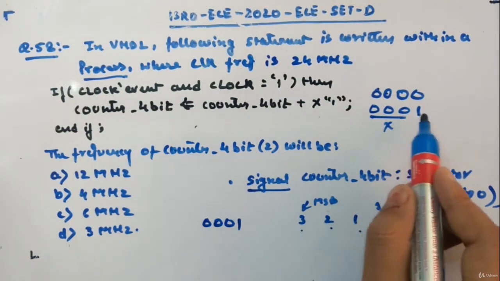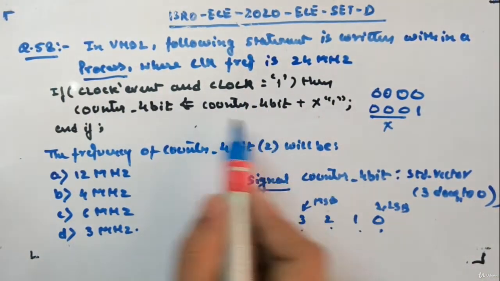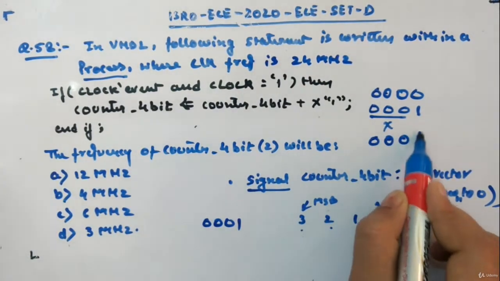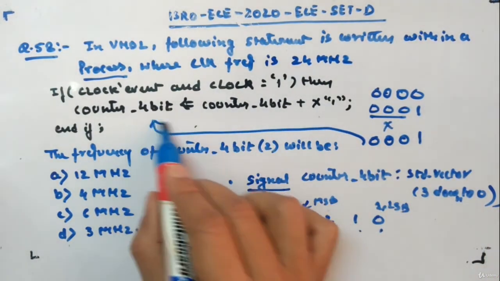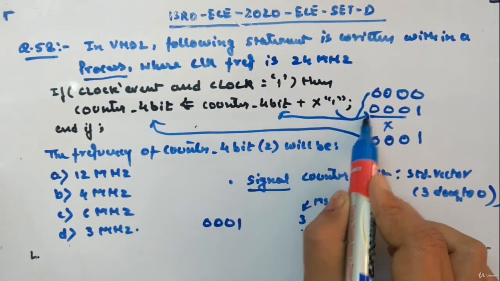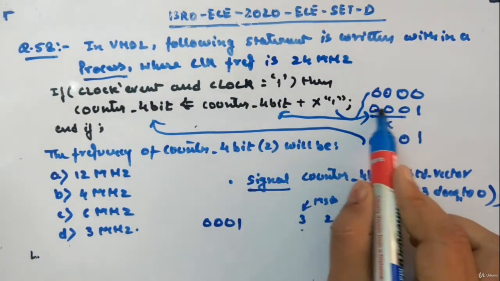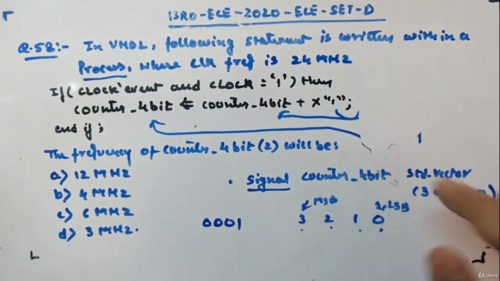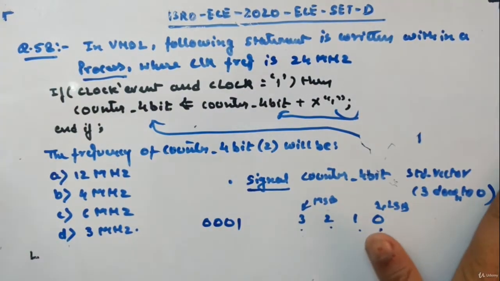Every time we add this to the previous value and store it as the next one, so our next value will be 0001. This was the previous value, and this is the x"1". I hope you got how we are going to proceed with the problem.